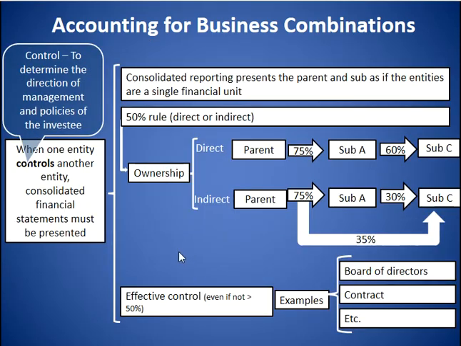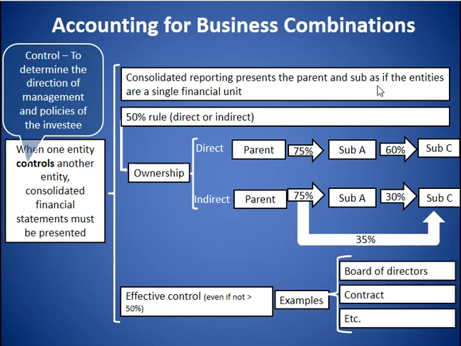Now remember that when one entity controls another entity, consolidated financial statements of those two entities must be presented. And again, when we say control, control means to determine the direction of management and policies of the investees. Consolidated reporting represents a parent and the sub as if the entities are a single financial unit.